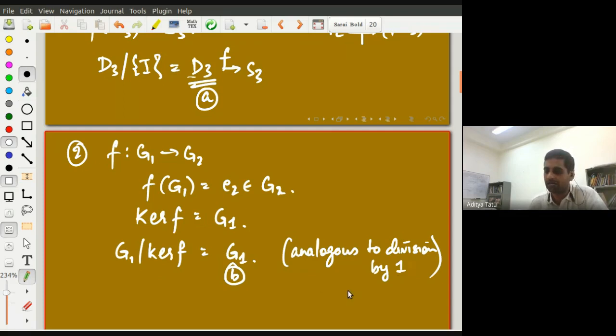Because when you divide Z by 1 and look at the remainder, all elements will give the same remainder 0, and therefore considering the equivalence relation as the one given by the remainder when divided by a number, the second example is analogous to looking at remainders after division by 1.